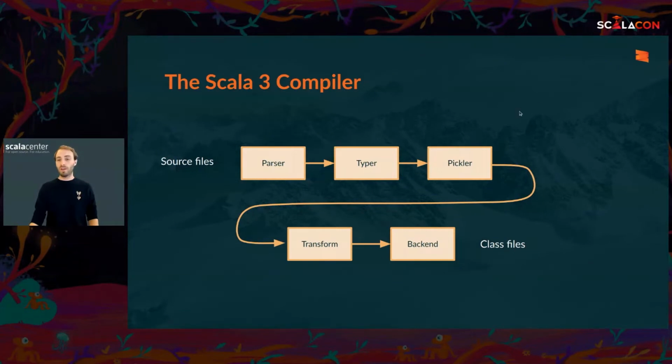After the Pickler phases, we have fully expanded trees of Scala code, and then we need to make something that can be executed. So we will need to simplify those trees through the transform phases to something that looks like JVM class files, and the backend will then emit those JVM class files. So that's basically how it works.